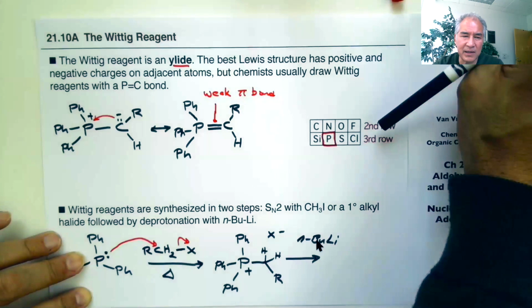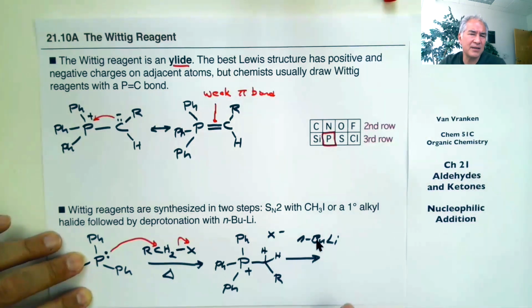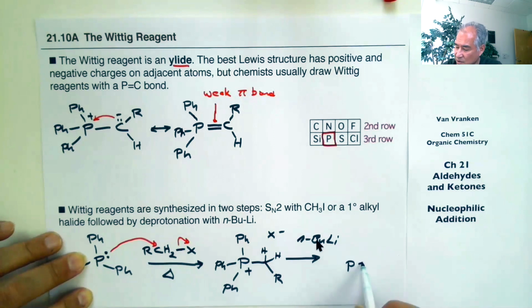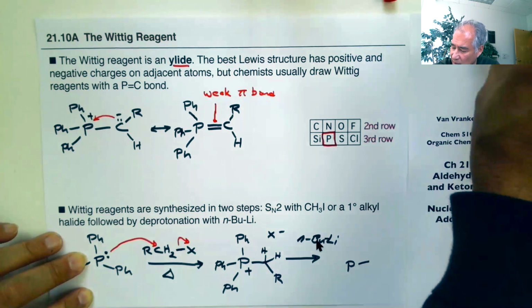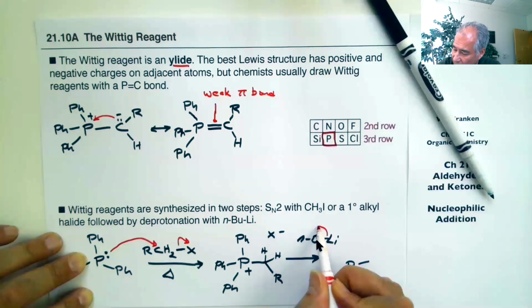And why do we use n-butyllithium? It's super powerful and it's inexpensive and commonly available in every laboratory. And so that's how you generate this phosphorus ylide in this reaction. So you deprotonate using this bond here. We'll deprotonate that.